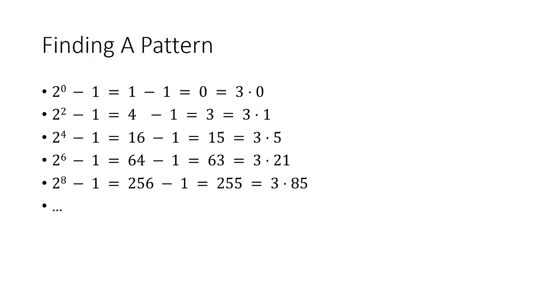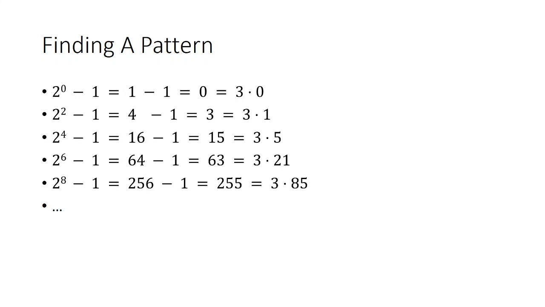Okay, define the pattern. So the first step, 2 to the 0 minus 1. This will be 1, and minus 1 is 0, and 3 multiplied by 0 will be 0. So that's why it's true.